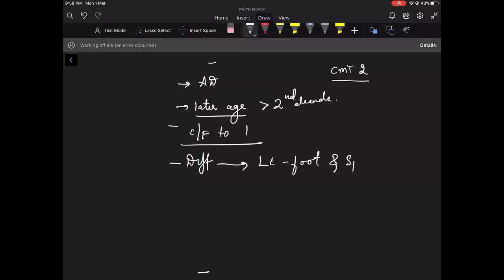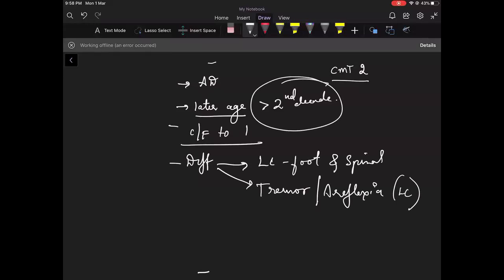The differentiating feature between type 1 and type 2 is that type 1 shows a demyelinating pattern on nerve conduction studies, while here we see an axonal pattern.